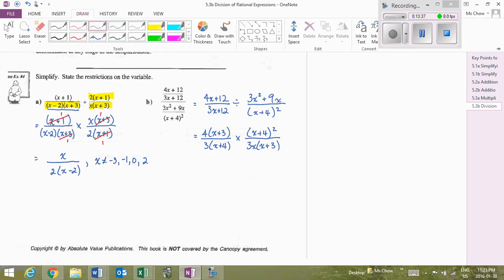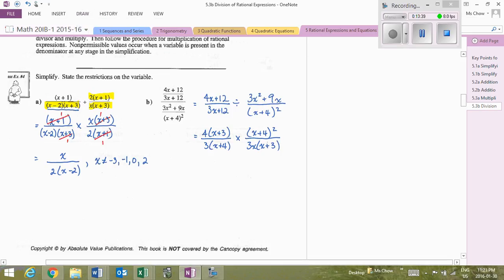So taking out your common factors, we've got x plus 3 over x plus 3, x plus 4, and that takes out one of these factors here. These 3's are both in the denominator, so we can't do anything with those. So our answer then is 4 times x plus 4 over 3 times 3x. So I will multiply that out to make that 9x.